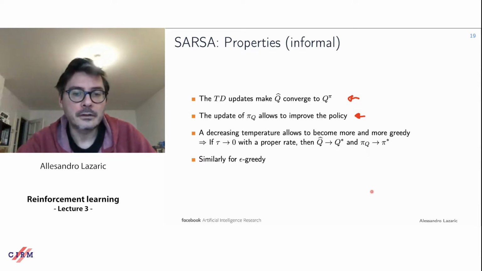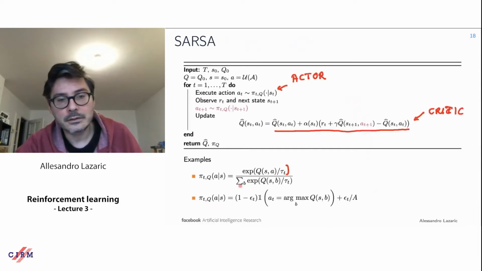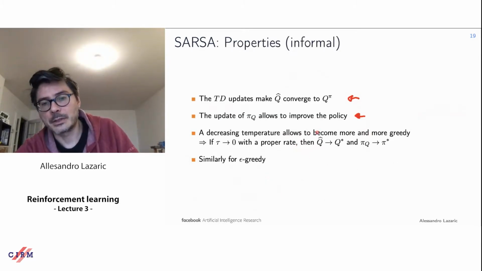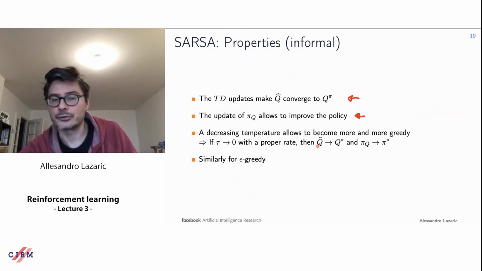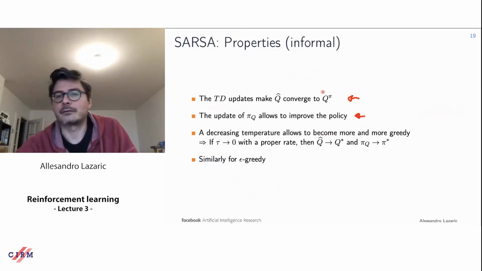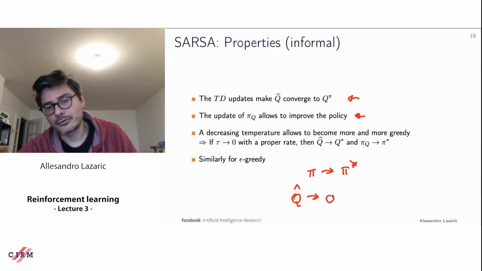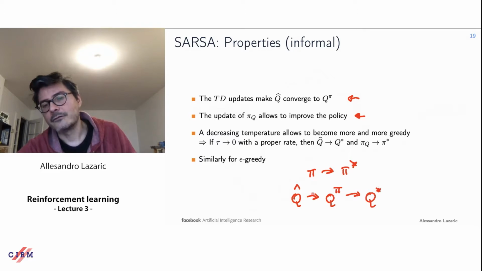And so it's reasonable to say that as tau tends to 0, as epsilon tends to 0, and so this becomes really the greedy policy, I will naturally tend to converge to the optimal policy, and Q will tend to converge to Q star, because pi tends to be better and better, and so Q hat, which tends to converge to Q pi, but Q pi itself tends to Q star, and so eventually this is the chain.